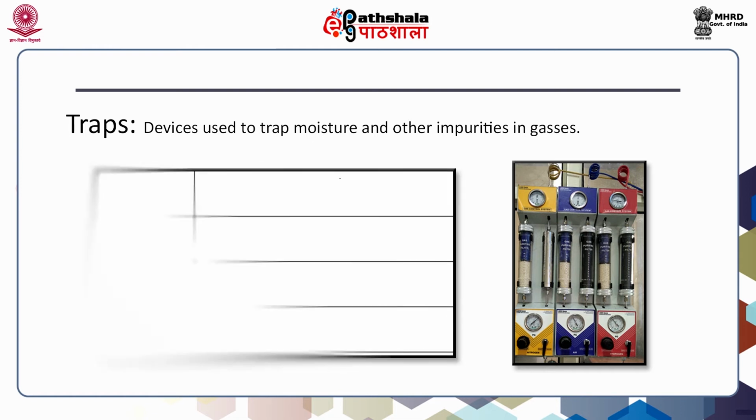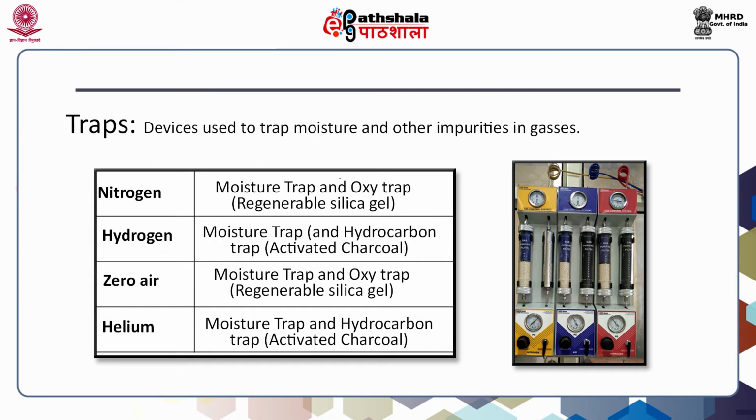For example, for nitrogen, there is a moisture trap, that means it traps the moisture, and an oxy trap, which can be regenerable silica gel. For hydrogen, we can have a moisture trap which can be activated charcoal.